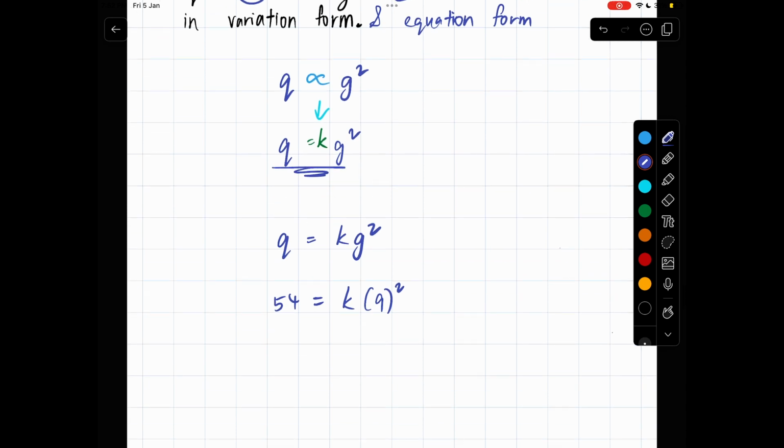So 54 is equivalent to K times 81. So K is equal to 54 divided by 81, which will get you the answer of 2 over 3.